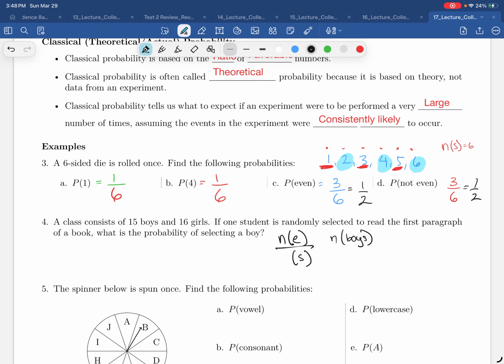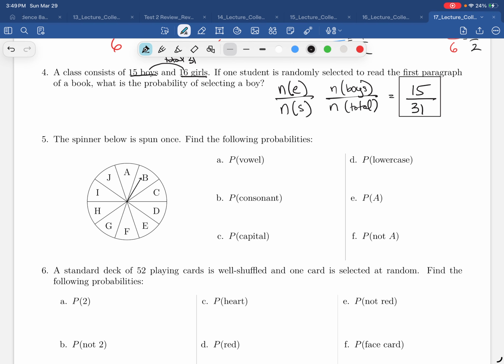This spinner is spun one time. Find the following probabilities. Well, if we count the total number of possibilities on our spinner, in other words, the number of possible outcomes, we have 1, 2, 3, 4, 5, 6, 7, 8, 9, 10. So there's 10 possibilities in our sample space.